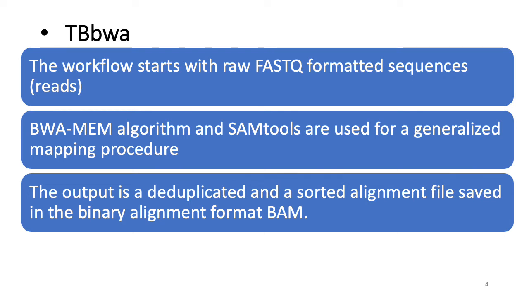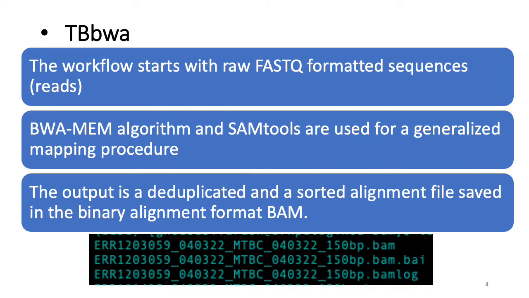The output is a deduplicated and sorted alignment file saved in a binary alignment format, or BAM. As you can see here in this example, a BAM file produced by the TBbwa step of the MTBseq pipeline.